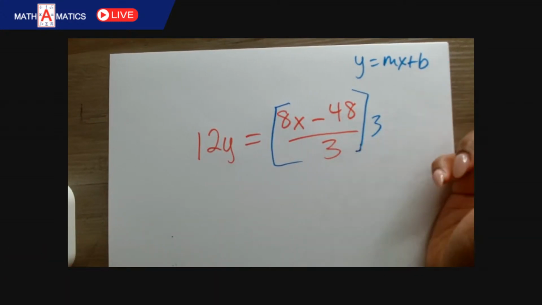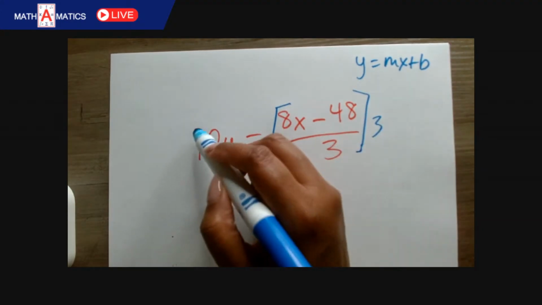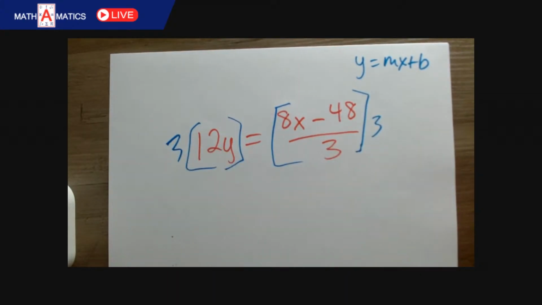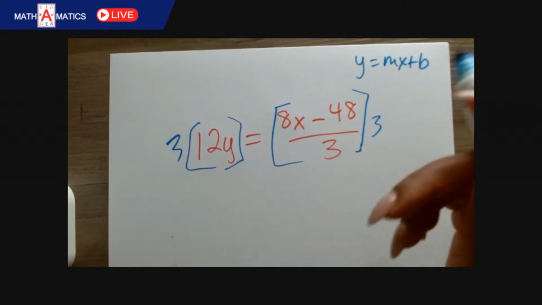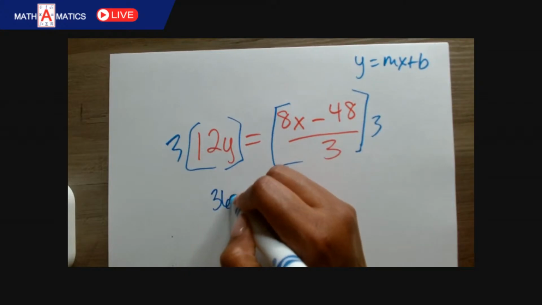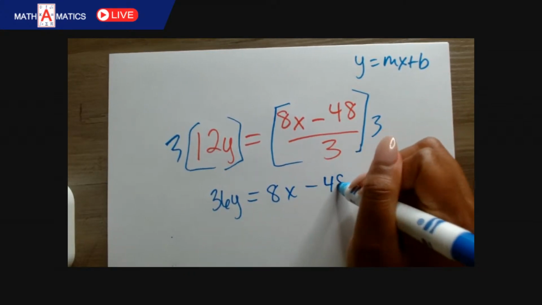Wait, we don't even have to. We can. Okay, I'm going to do a little switcheroo. Okay, so I just want to get this 3 from being a divisor here. So 3 times 12, we'll get 36y is equal to 8x minus 48.